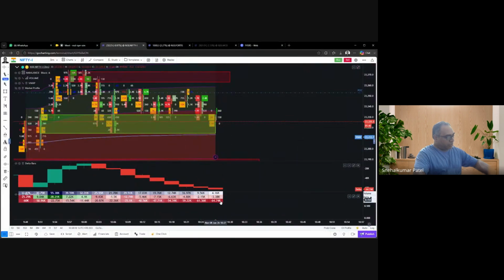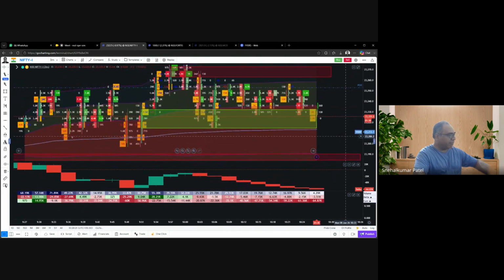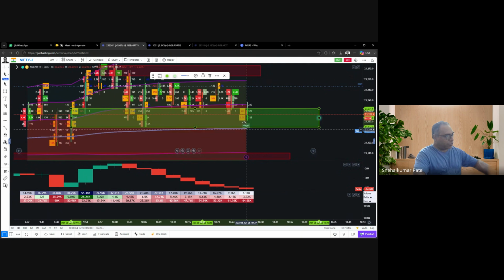At the bottom, you see the figure for the particular session. So let's say we are looking at the session today, which started at 9:15. Throughout the day, the sellers are dominating as of now. So price again is trying to go below this level.